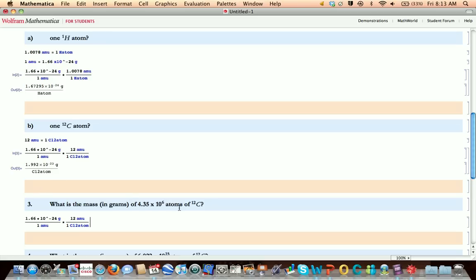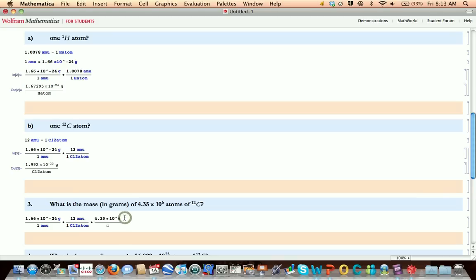But in this problem it now says I want a whole bunch of carbon-12 atoms. So let's just add one more piece to our problem solving. How many carbon atoms am I dealing with? Well, it says right there 4.35 times 10 to the 6th atoms, right?